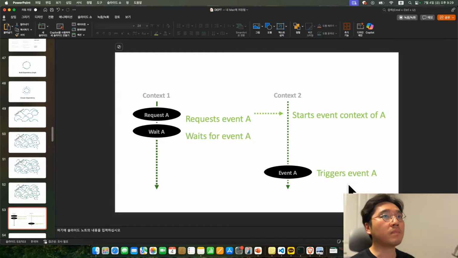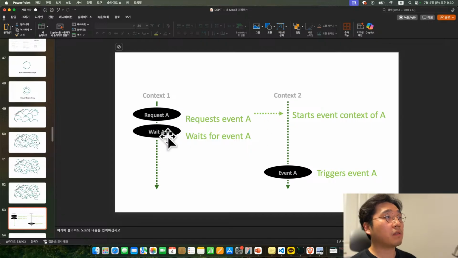So when the waiter goes to waiting, before that point they request an event from the other context, right? So they request A from context 2. So context 2 starts the event context of A, right?